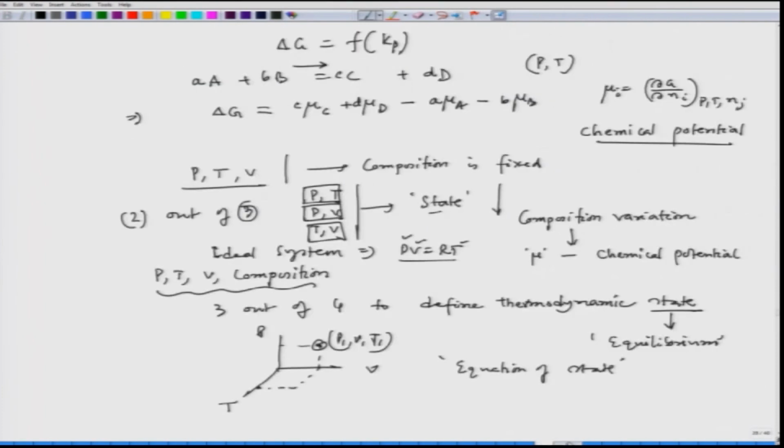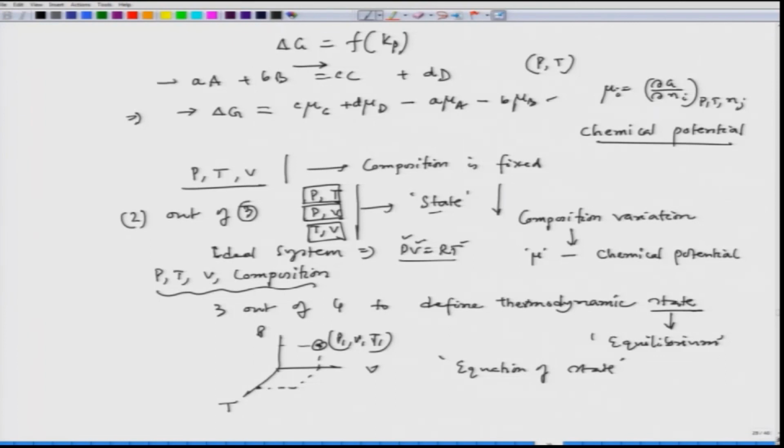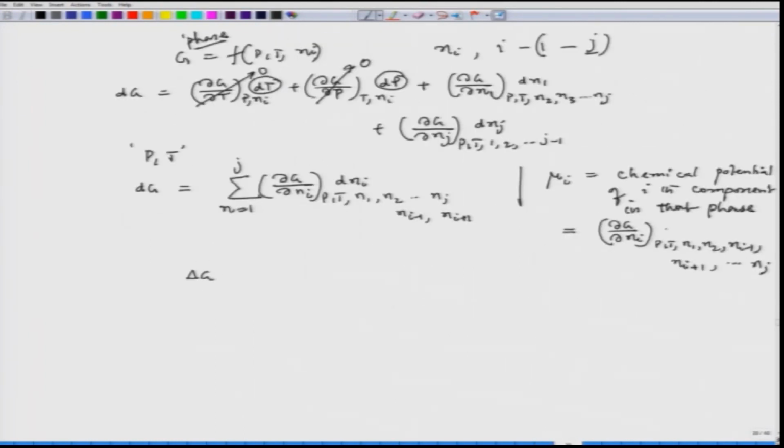Okay. So, now getting back to this particular relation, for any reaction like what we mentioned here, we can write the free energy change as the chemical potential of the products minus the chemical potential of the reactants. From that we can also convert this into the standard value, because the chemical potential can be written as RT ln of the activity of that component.